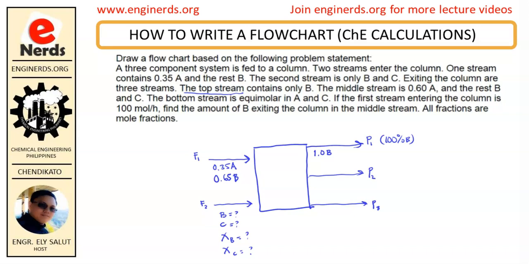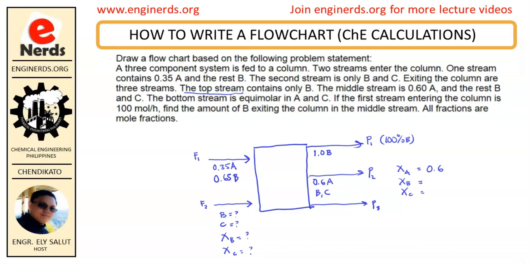And then the middle stream, ito na ngayon yon, middle stream, we have there 0.6 A. Okay, we have here 0.6 A. And the rest is B and C. So meron tayo ditong B and C. So in here, meron tayong mole fraction ng A, which is equal to 0.6. And then we have mole fraction ng B, hindi natin alam, and mole fraction ng C na hindi natin alam.